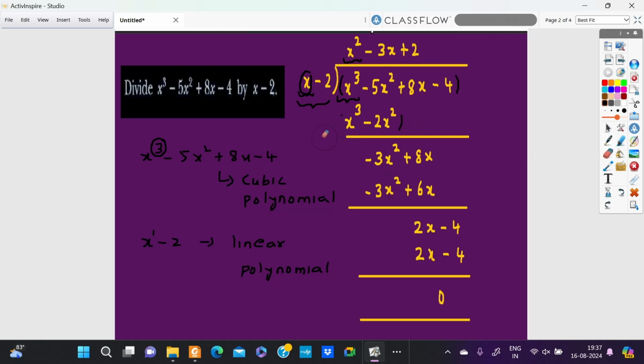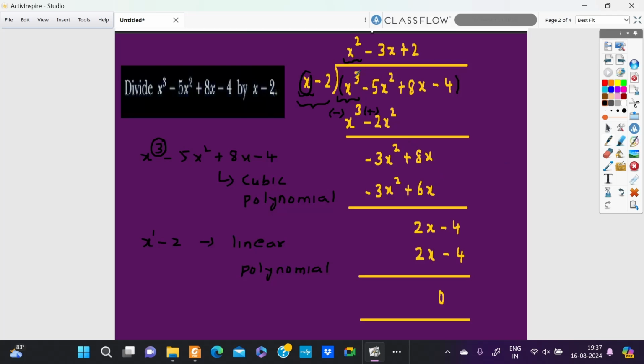So the second polynomial should go with change of signs. So this positive x cubed becomes negative, and this negative becomes positive because it is a polynomial minus another polynomial. So the whole of the second polynomial goes with a change of sign.